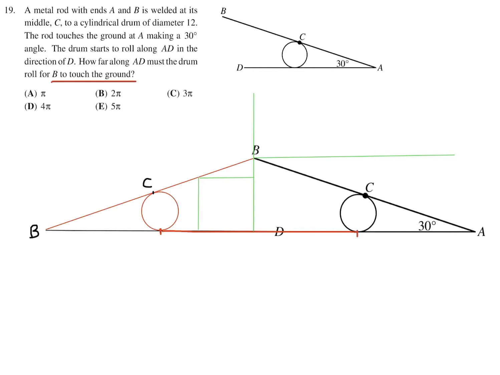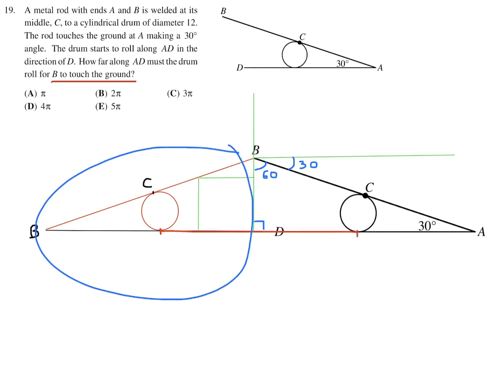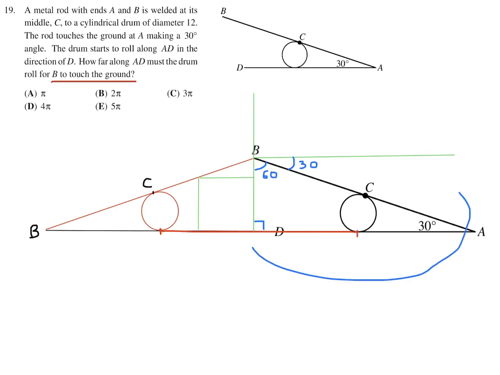Alright, so now let's start labeling the angles. This is 30, which they've already given you, and this is a right angle. So therefore, this angle in here is 60 degrees. And since this was a right angle, this has got to be 30 degrees. Okay? So far I hope that makes sense. Now similarly, on the other side, this side over here is essentially just a reflection of that side over there.